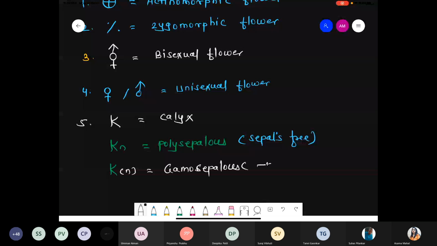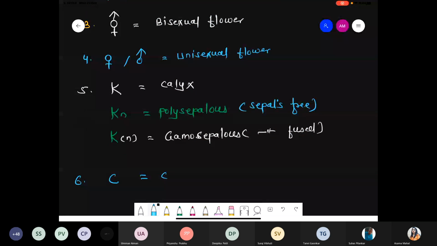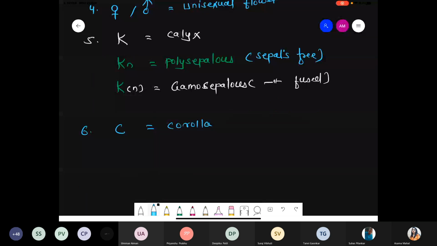Similarly, after the calyx, there is C for the corolla. Corolla is nothing but it consists of the petals. If it is C N, it is represented as polypetalous condition. Polypetalous means all the petals are present in a free form.